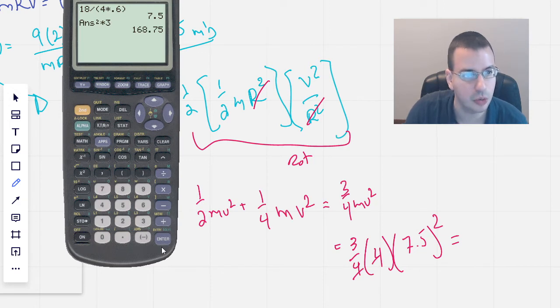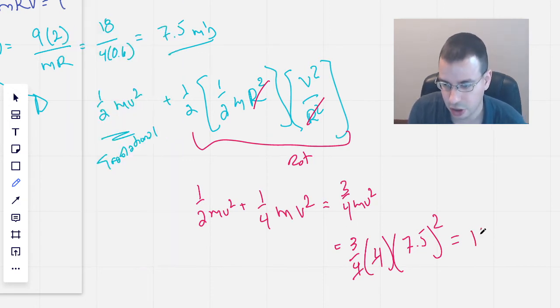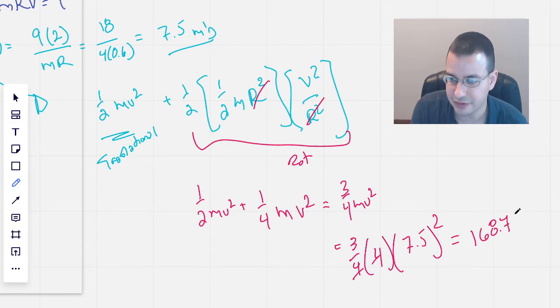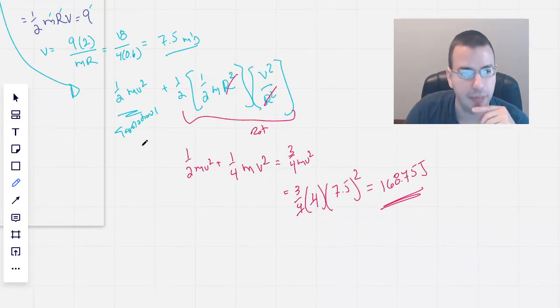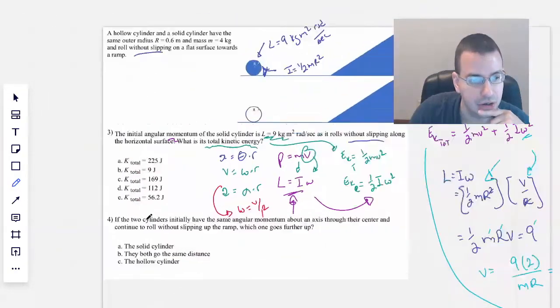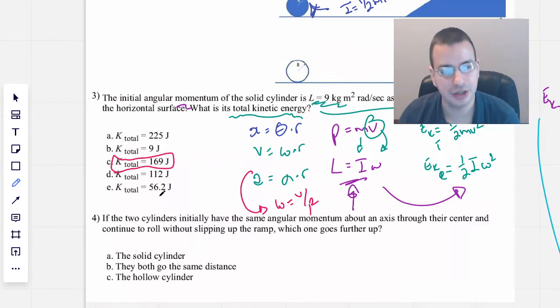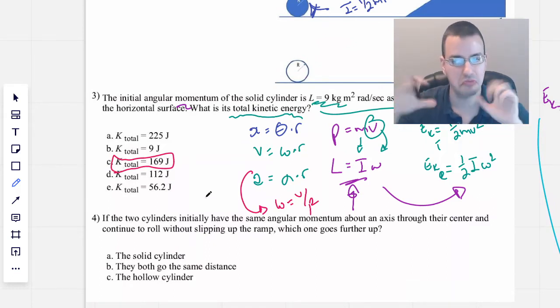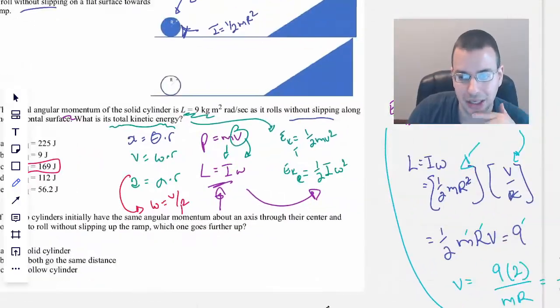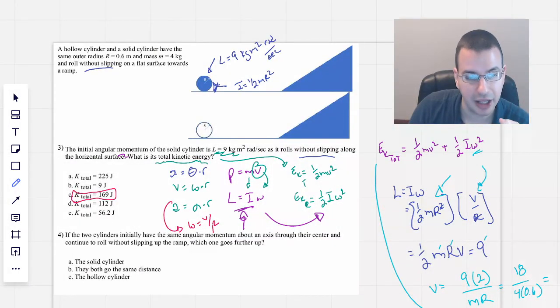That's going to be a pretty big number. 168.75, and this will be in joules. Look at our possible answers here. Yep, 169. So kinetic energy. I like to use E sub K for kinetic energy, but other people use K. Totally reasonable, completely legitimate.